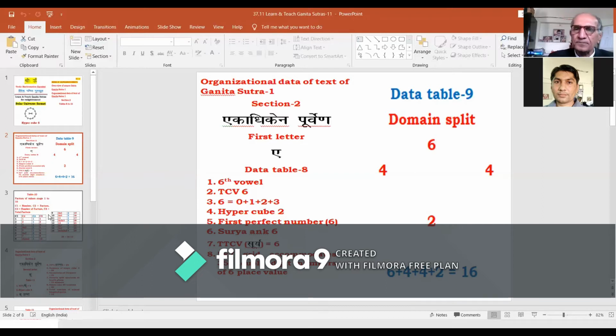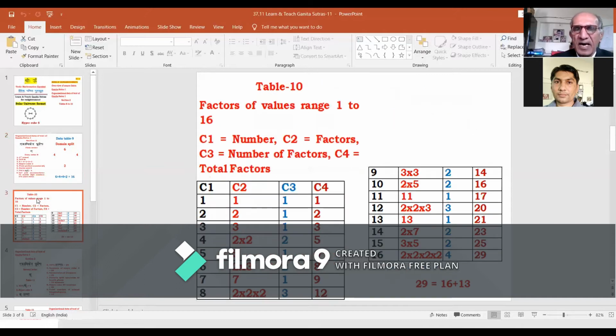Table 10 is further bringing us face to face with the internal organization of value 16 as values range 1 to 16, which is yielding as many as 29 factors. In the table of expression, in column 1 are values 1 to 16.